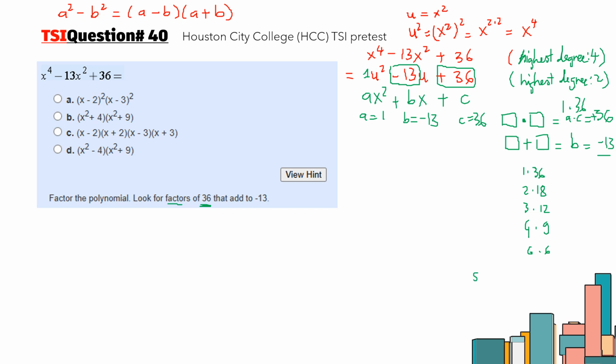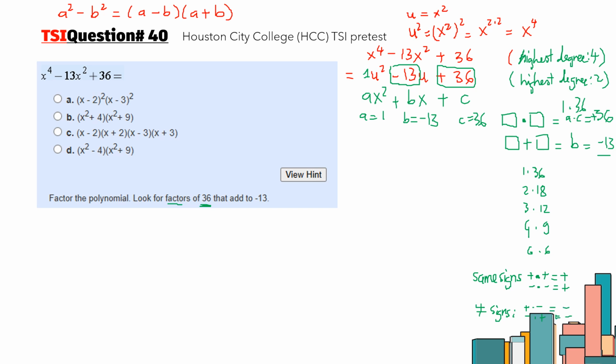Remember, same sign, positive times positive or negative times negative, both produce positive. If we have opposite signs, positive with negative, it produces negative.